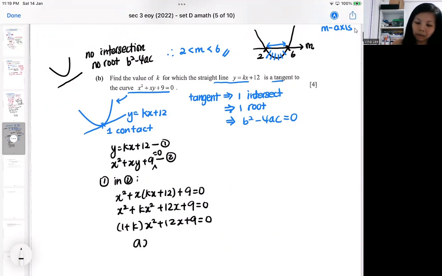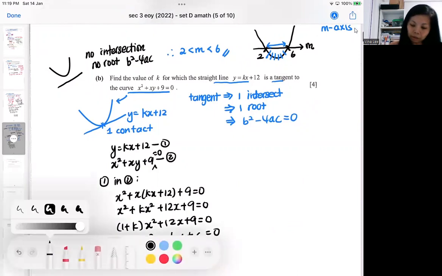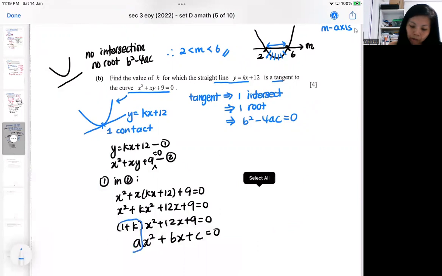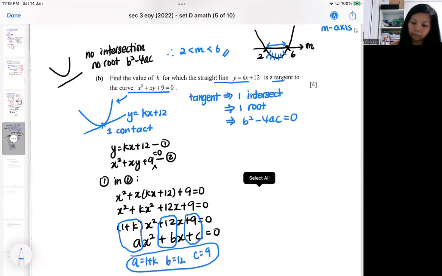Make sure it looks like the quadratic equation format. Once it looks like the format, you will be able to tell this is your A, and then this is your B, and this is your C. So throw the 3 numbers in. You should be able to find some values of K. So see whether you end up with K equal to 3 as the final answer.